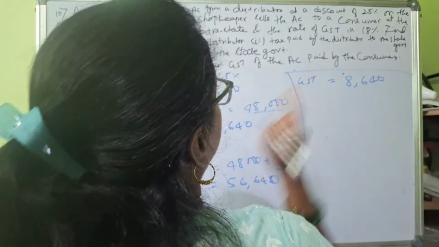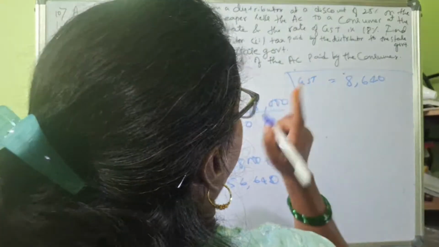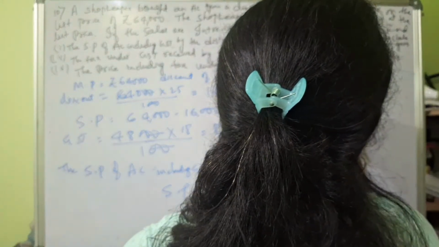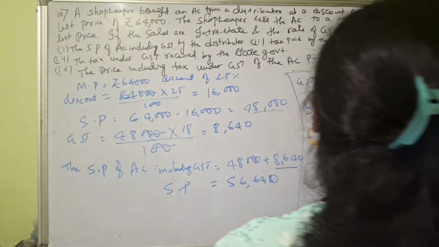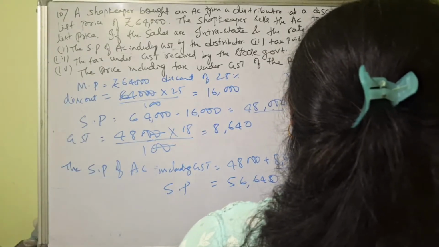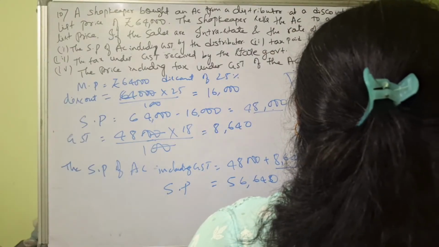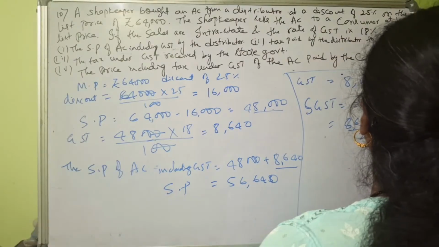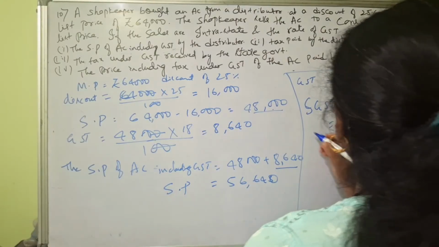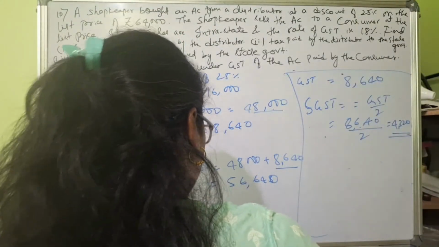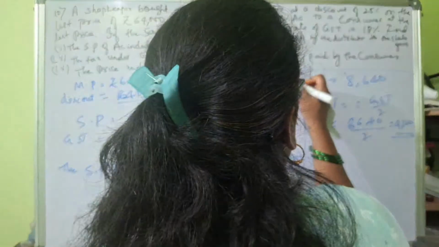We have to find the tax paid to the state government, that is SGST, which is equal to GST divided by 2, or half of GST, that is 8,640 divided by 2, which is equal to 4,320. So this is the tax paid by the distributor to the state government.